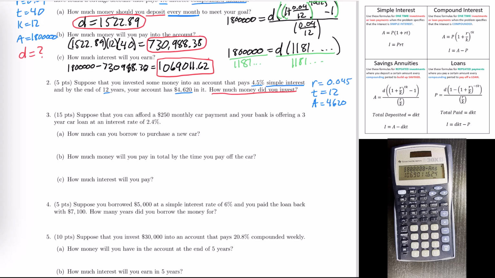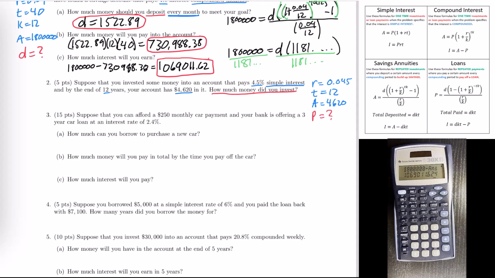And then the question is how much money did we invest? And it didn't say how much money did we invest monthly. It just said how much money did we invest. And so that means we invested all of the money all at once up front. And that means we're looking for P. So that's what that variable would be.